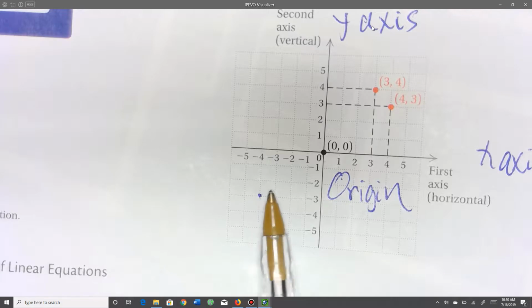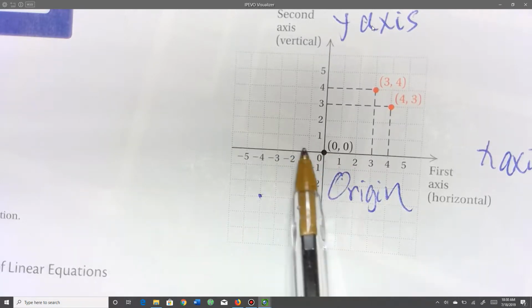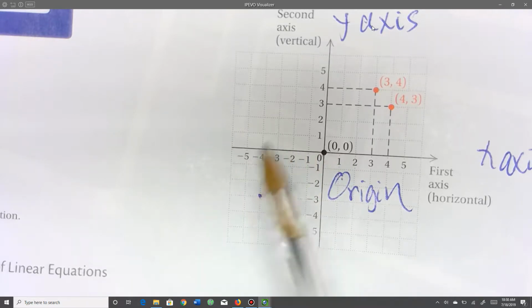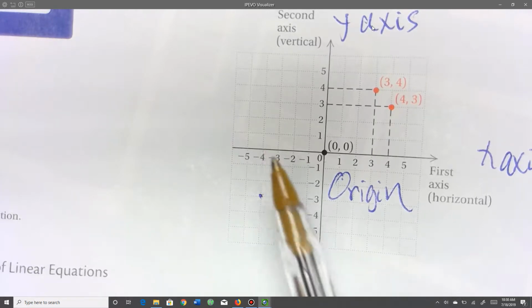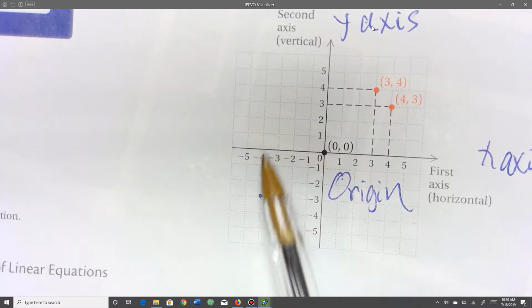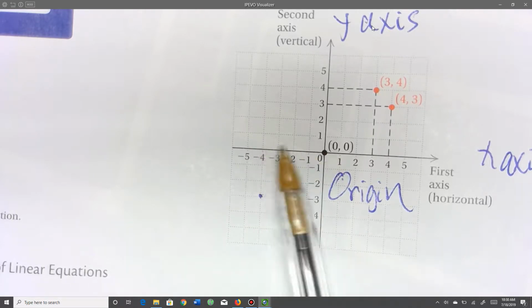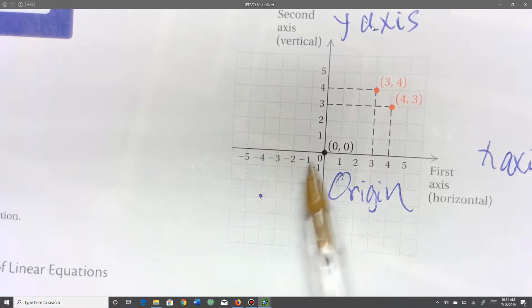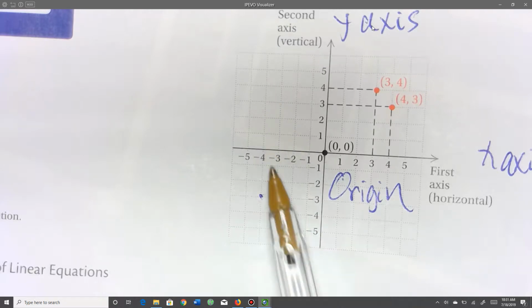So if I want to plot an order pair here, well, I'm moving my x-axis first. In this case, I'm moving negative 4 to the left, because my point is on the left here, the left of the 0 line. So a negative 4, I move negative 4, and from here I either move up or down.